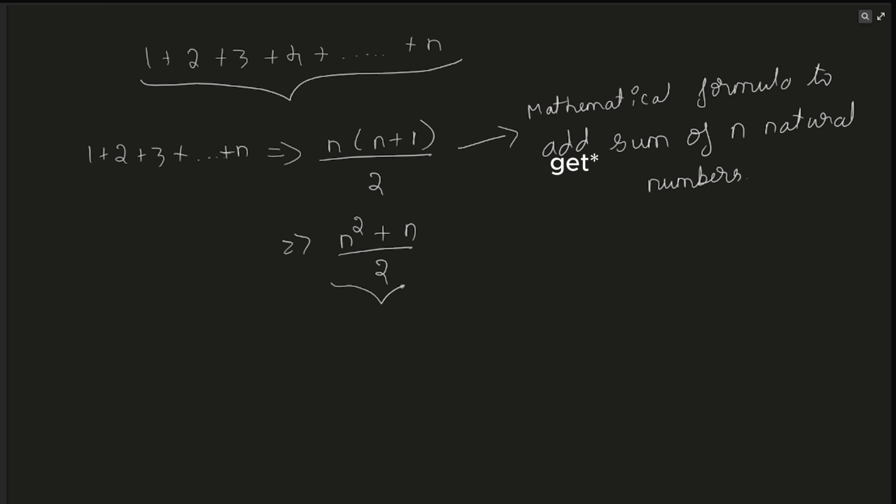To get the time complexity out of any polynomial, we will be considering the degree here. The highest degree is n square and we don't have any constant over here. So we'll consider n square as the time complexity. Therefore, the time complexity of the above for loop is nothing but order of n square.